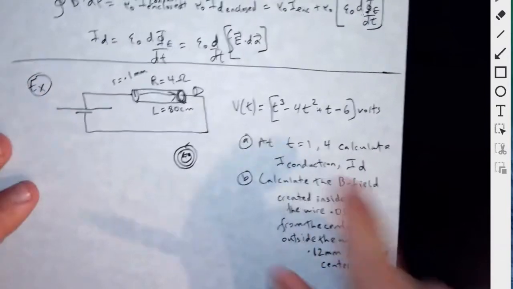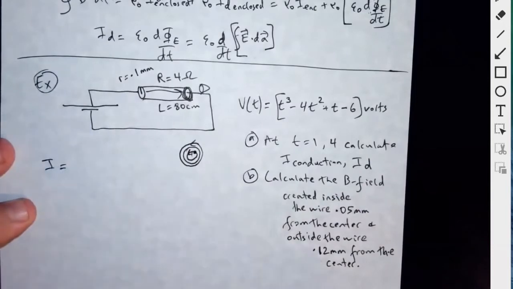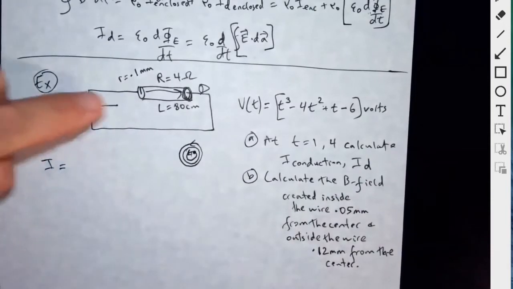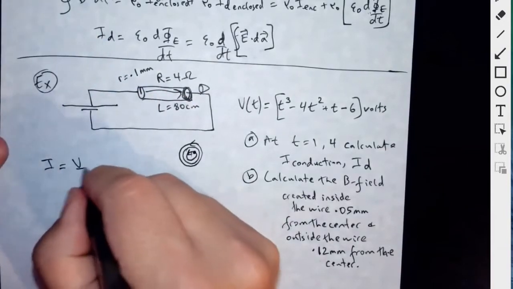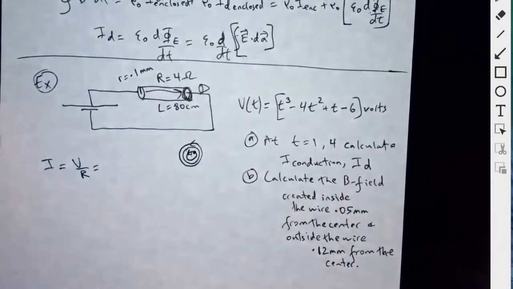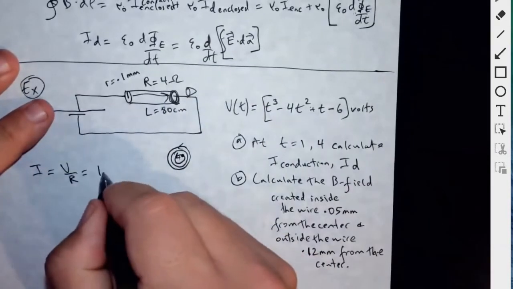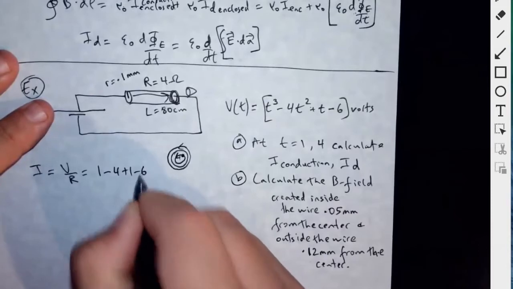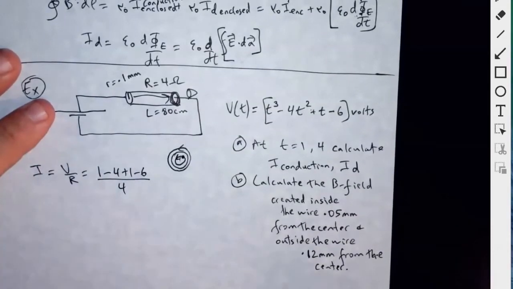That one is easy to calculate. I is just going to be whatever the voltage is divided by the resistance of the wire, right? So the voltage over the resistance of the wire. And then at 1 second, what's the voltage? Over 4 ohms, right?